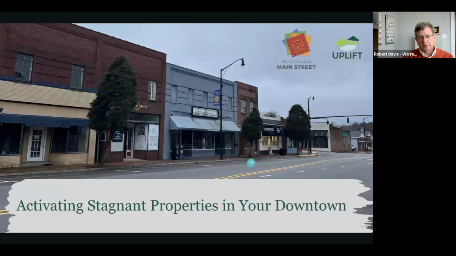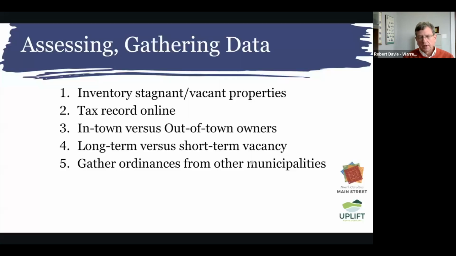Well, I guess one of the first steps is assessing what kind of inventory you've got in your town, what kind of owners you have. We've had a vacant property ordinance on the books for a while, and to get that started, we started with the Main Street recommendation to let our economic development subcommittee inventory the structures.